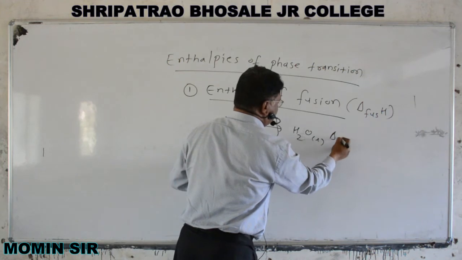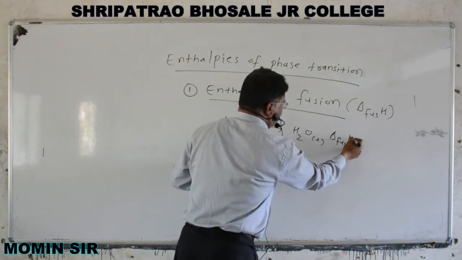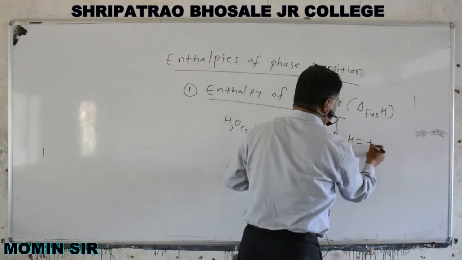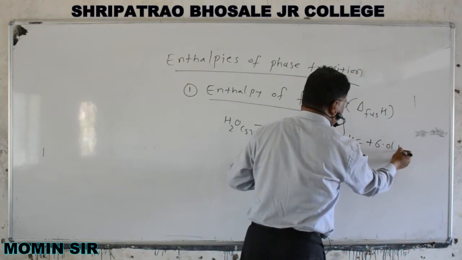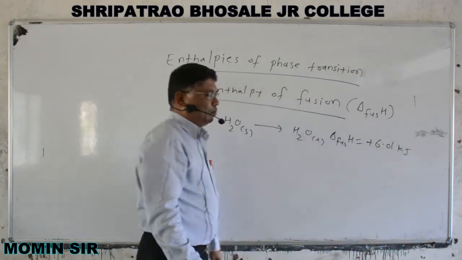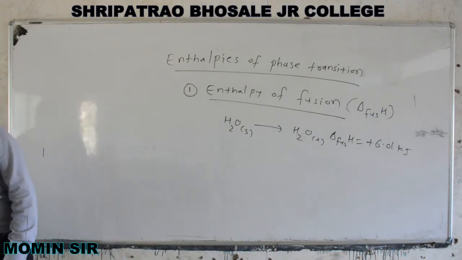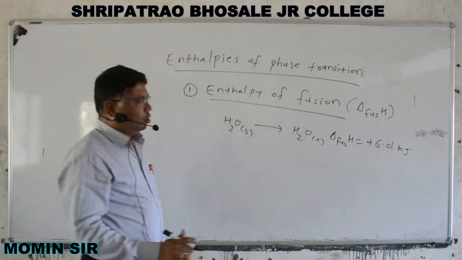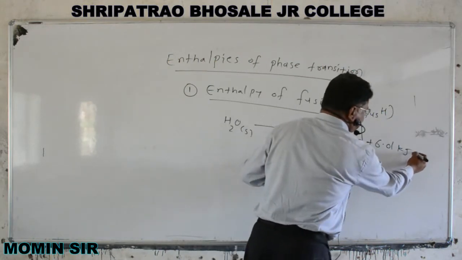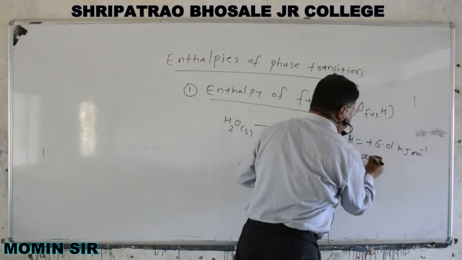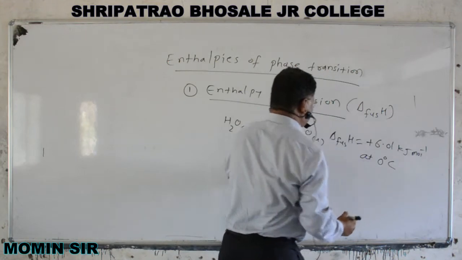Delta H fusion is equal to plus 6.01 kilojoule per mole at 0 degree Celsius.